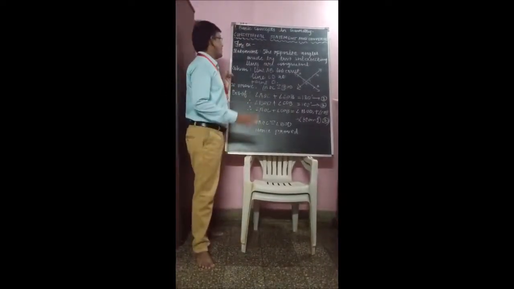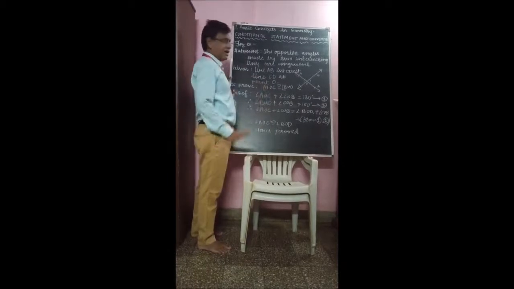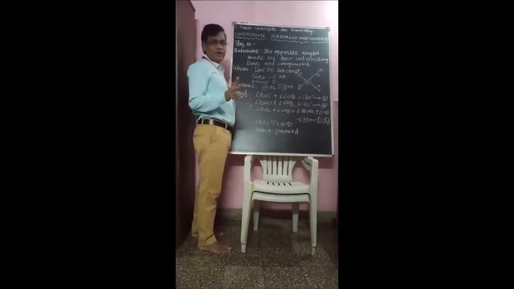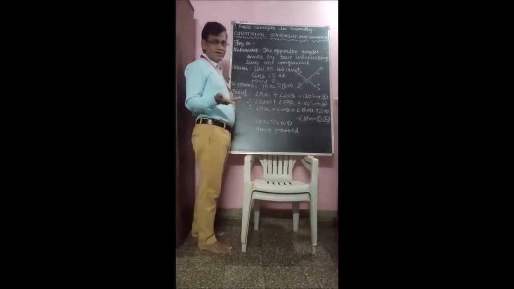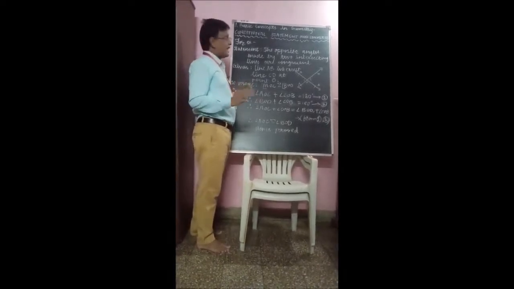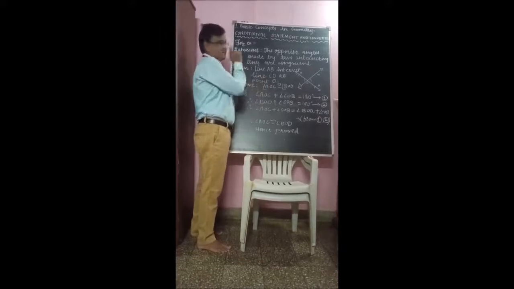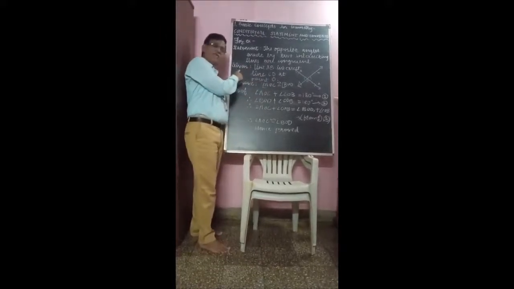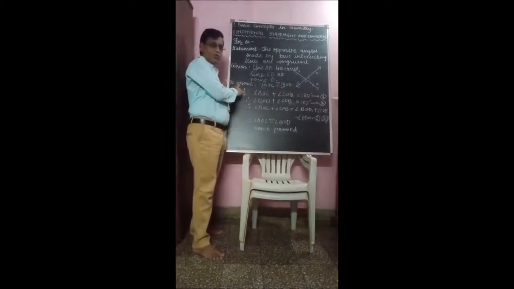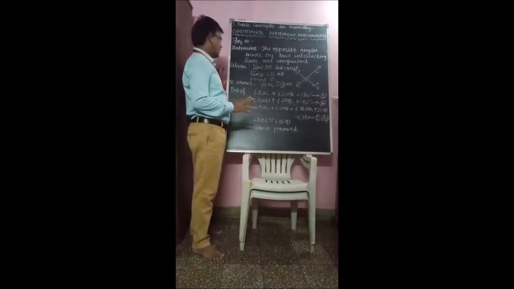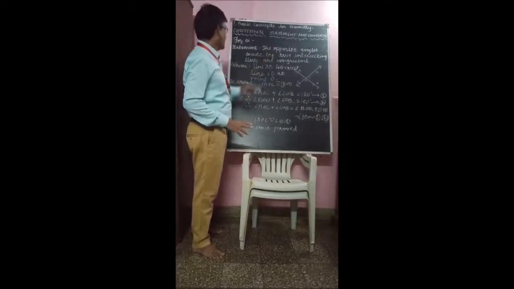In this statement, as I already told you, there are two parts: one is called antecedent, the other is called consequent. Antecedent means that which is given, and consequent means that which is to be proved.